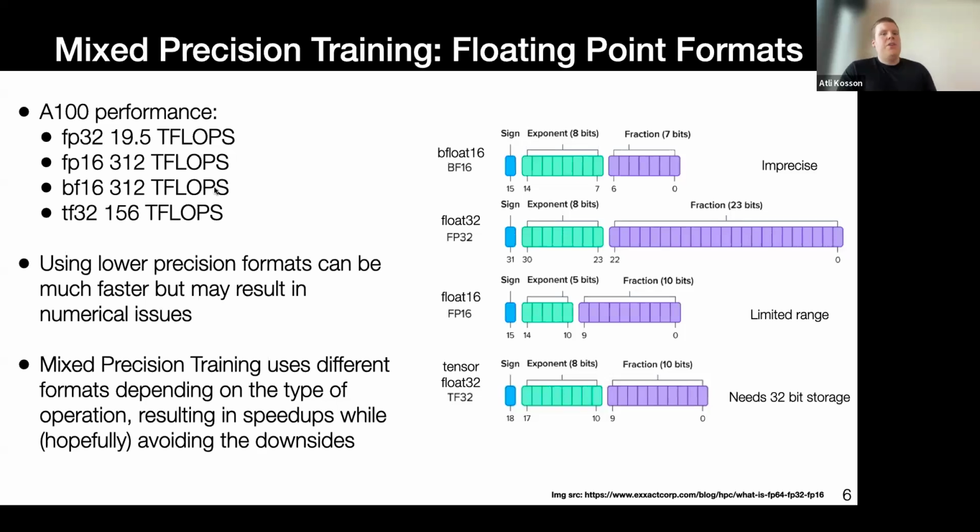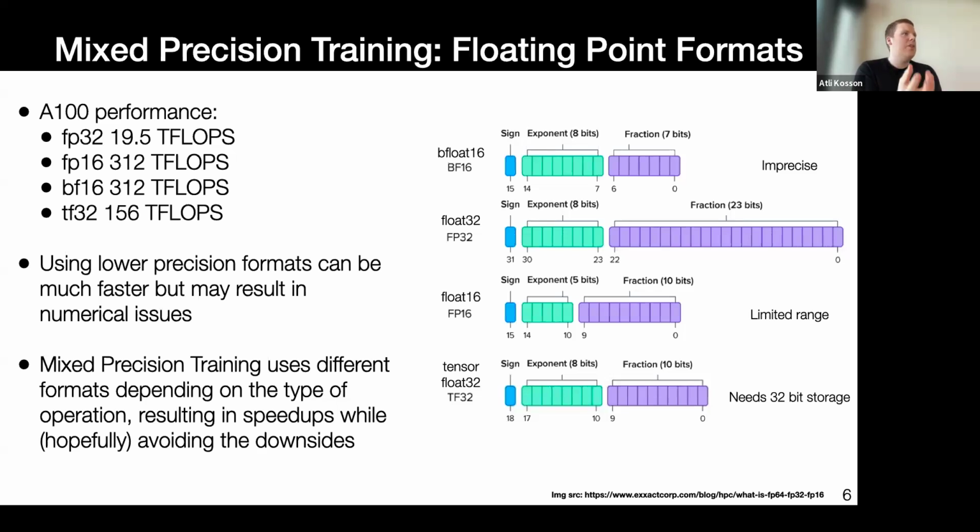And if you do have these modern GPUs, you should probably be using some sort of mixed precision or lower precision training if you care about this. In practice, we get errors if we use these lower precision formats without thinking about it. So the field has developed these tricks called mixed precision training, which combines these different formats.